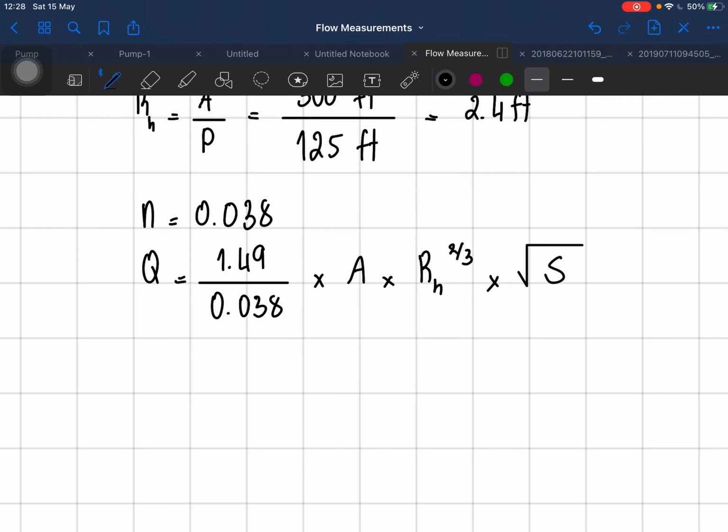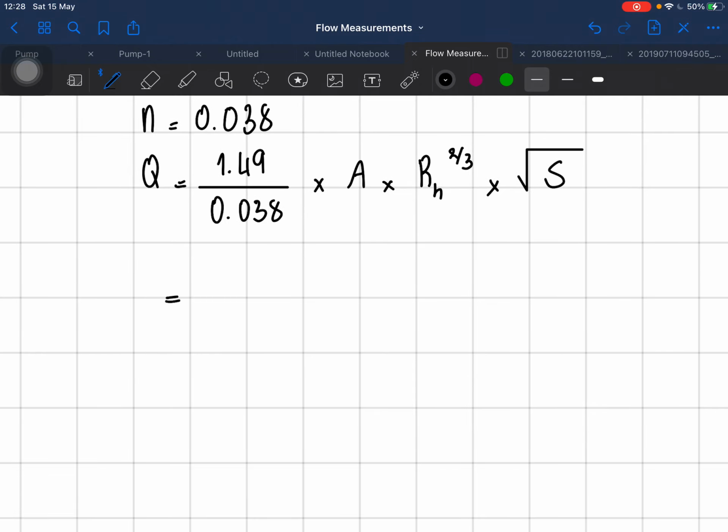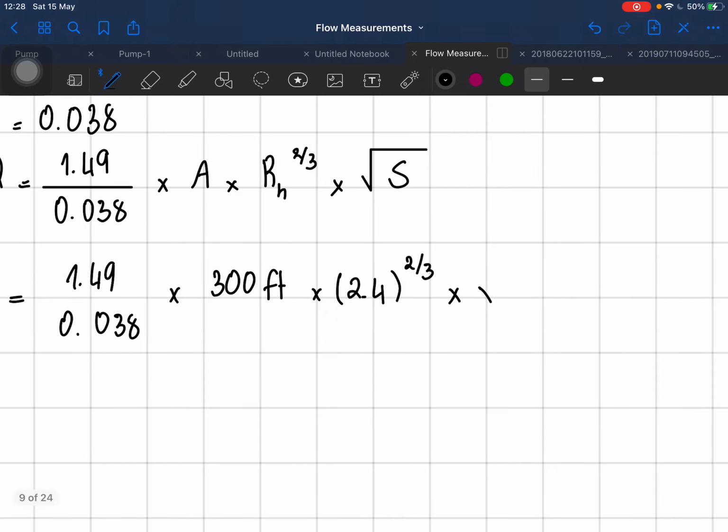Square root of S. Then we can substitute all the numbers that we know: 0.038 times A, which is already given in the figure, not in here, in the figure, R_H to the 2/3 times the square root of the slope, which they give inside the figure, 0.0032.